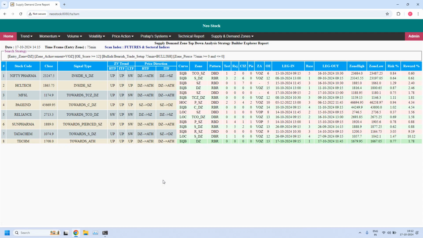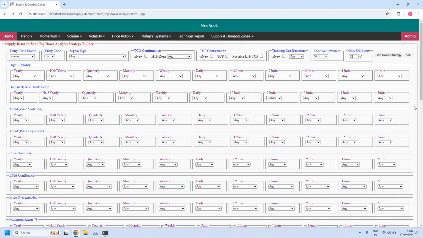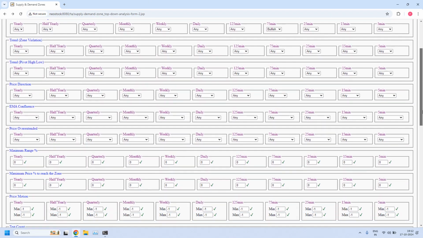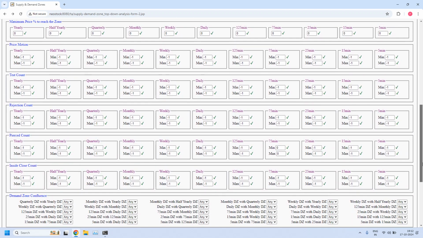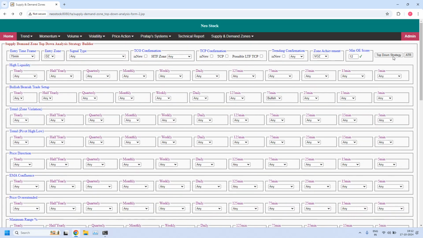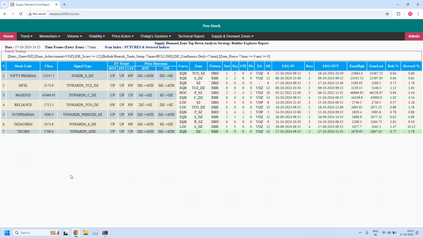Now let's verify how many of these stocks are having ITF confluence. That is a weekly income trade, 75 minutes demand zone with daily demand zone confluence. So this is the filter I am enabling, ITF confluence. We got 7 stocks. All these 7 stocks are having ITF confluence. That means 75 minutes entry zones are part of the daily zone. Daily is ITF, and daily trend is uptrend in bullish trade setup.